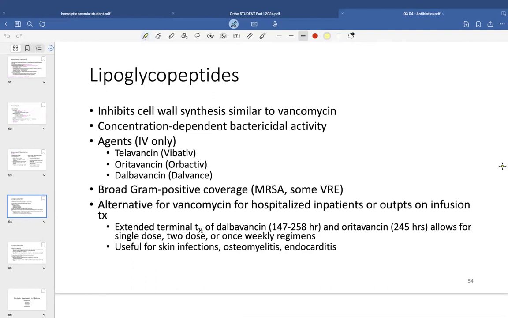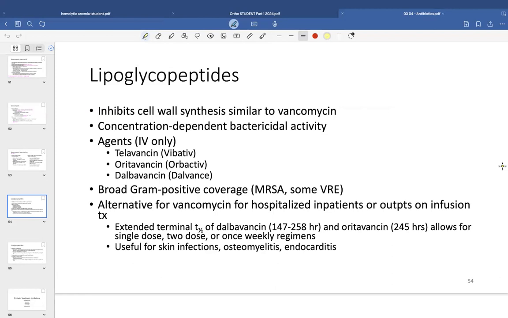It's concentration dependent in terms of its activity, and agents in this class are telavancin, dalbavancin, and oritavancin. Similar gram-positive coverage. This might give you some effects against VRE, where vancomycin would be ineffective.